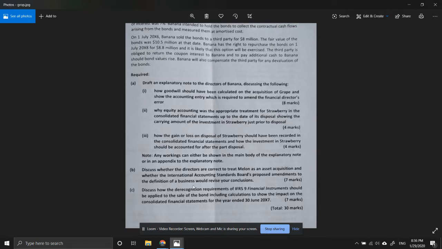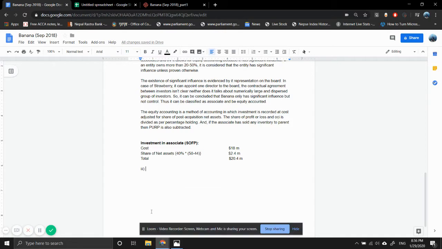So we should talk about how it should be accounted for, and the disposal as well, and further treatment.